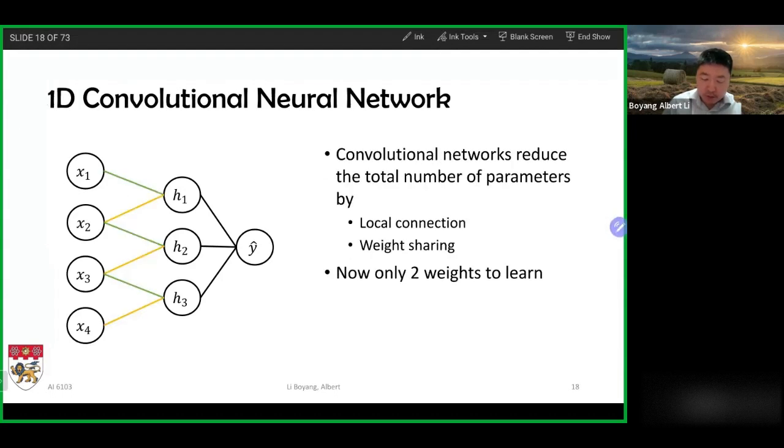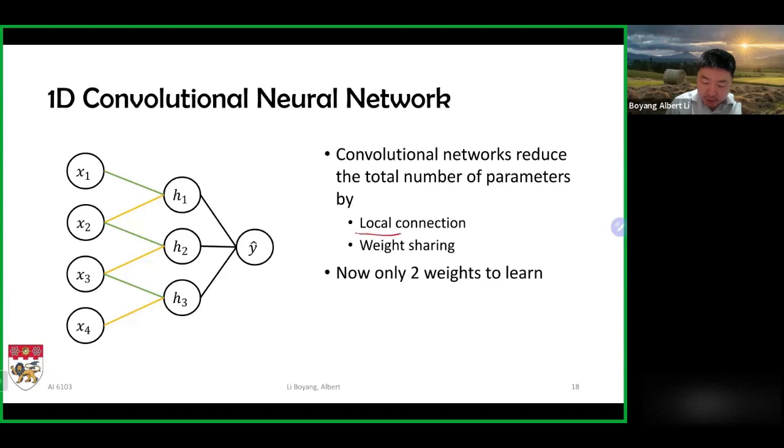So we could reduce the number of parameters in the following manner, right? We're going to apply 2 principles known as local connection and weight sharing. First, let's look at local connection, which means that I'm only going to connect the input units to the nearby hidden units.